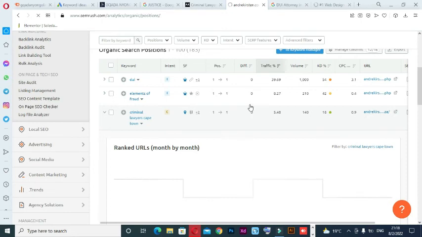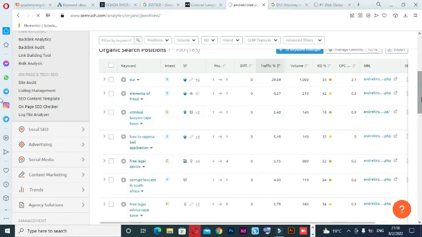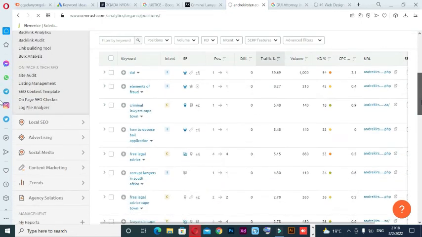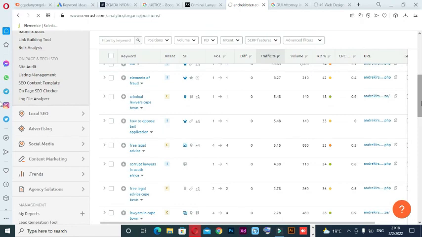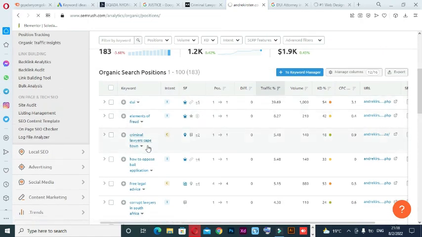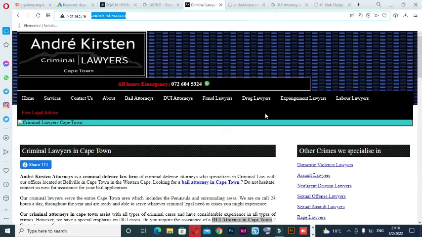Corrupt lawyers in South Africa, they are ranked number one, but all the other things, they might be not meant for clients, but they are meant for SEO. They want to make their website as big as possible. So free legal advice, Cape Town, lawyers in Cape Town, because you really want to address what people are looking for. Legal advice, free legal advice, you see now.